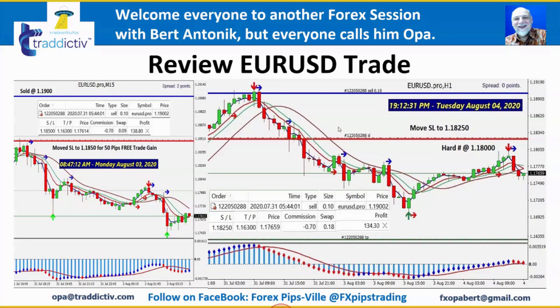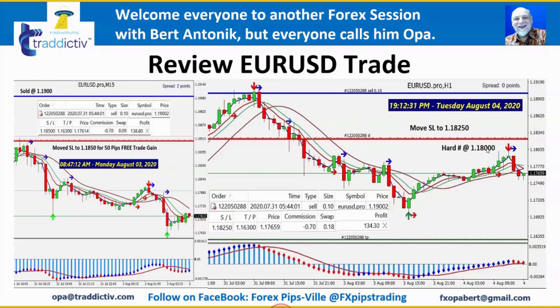Then Tuesday evening, took a look here, and we were still basically floundering around the same spot.